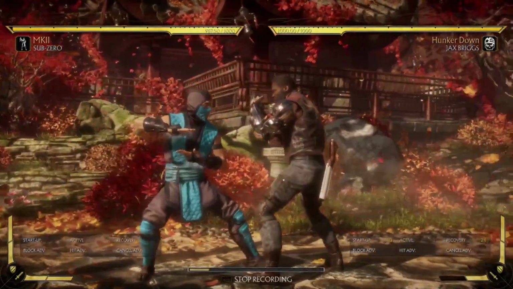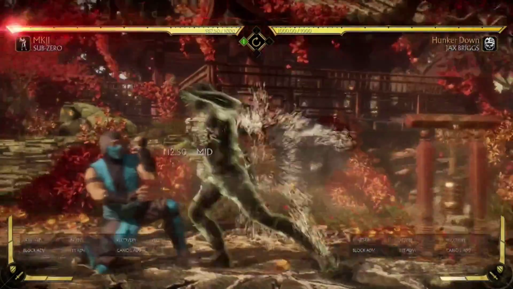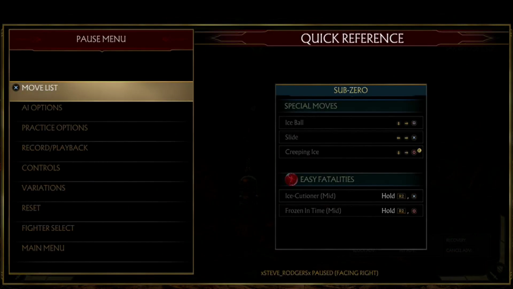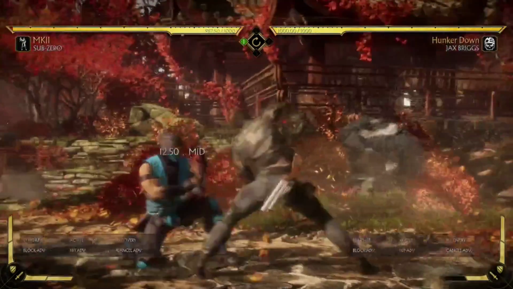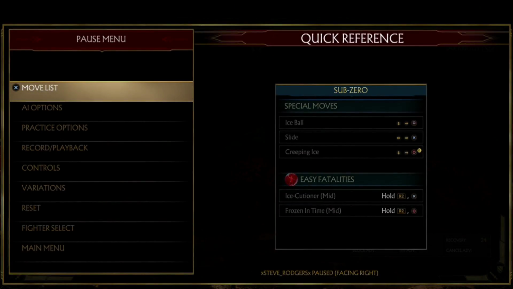Okay, so the data has not changed, only now he's able to block my 8-frame jab. How am I able to punish him with 14 frame normals consistently when it whiffs the first time? It's still whiffing here, right? Why am I not able to punish it here when they're whiffing?